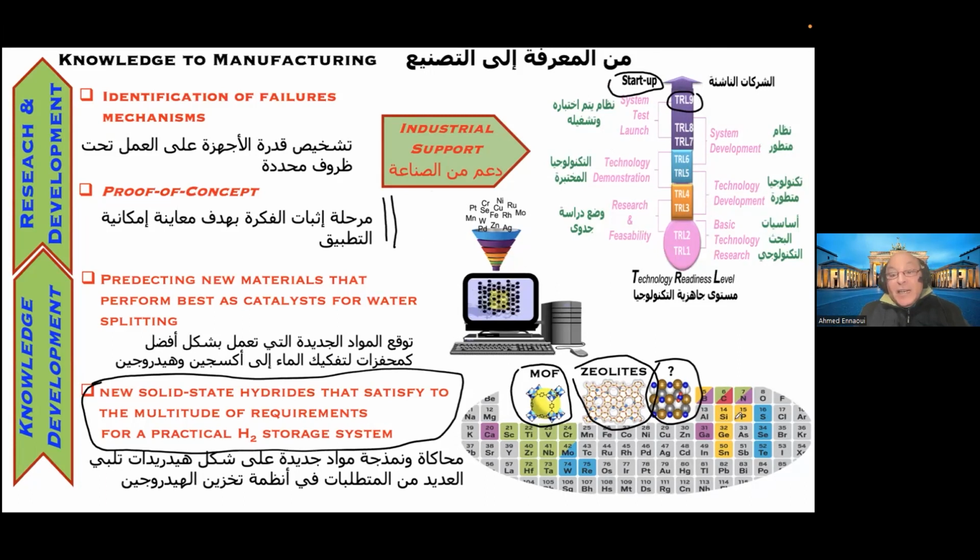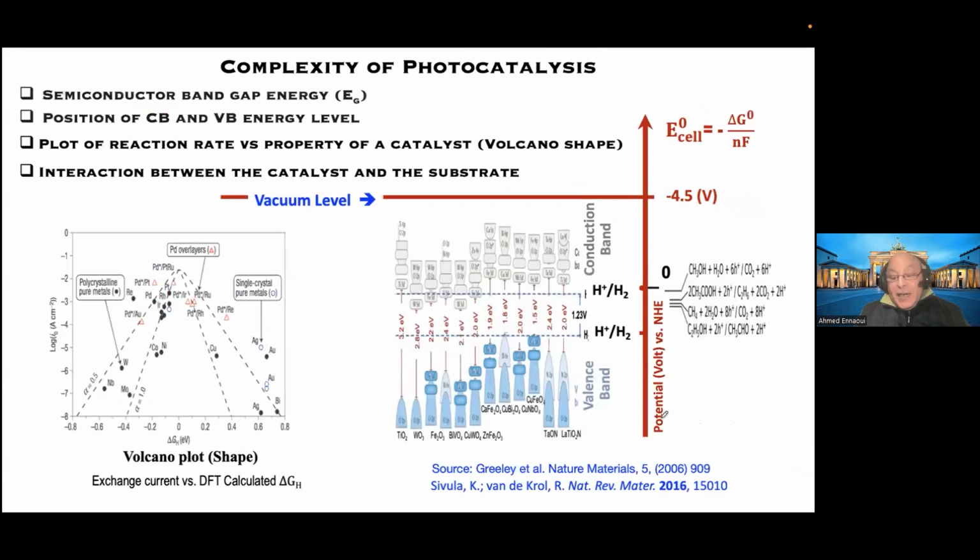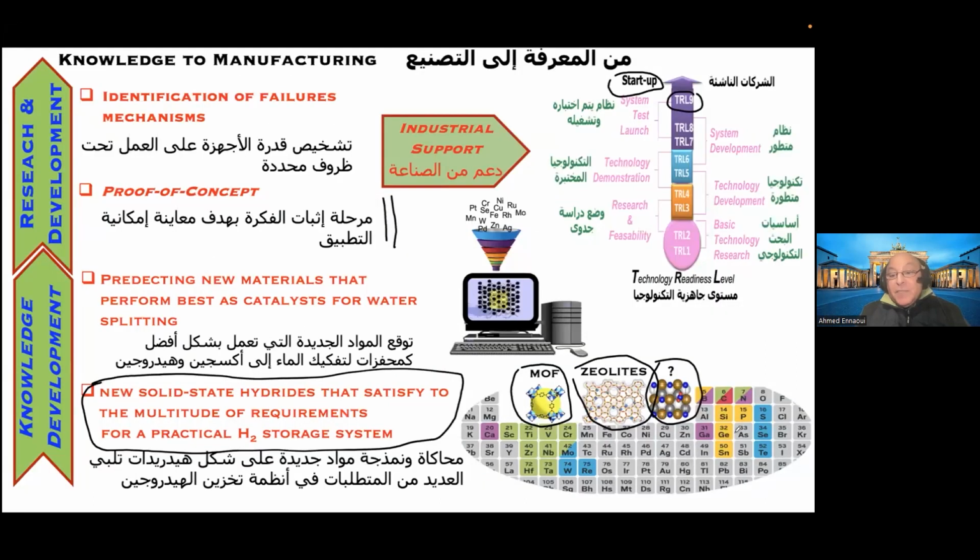I'm not going to show this one, but this is very important. The work now done by students regarding the simulation and the modeling and testing in the lab and going back to the modeling, etc., is a very important step, what I call here knowledge development.